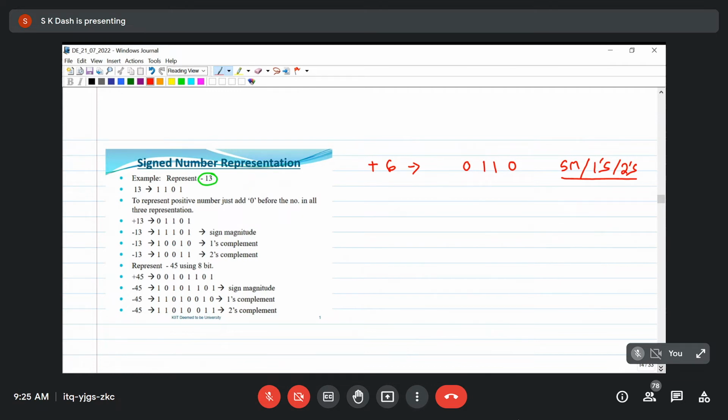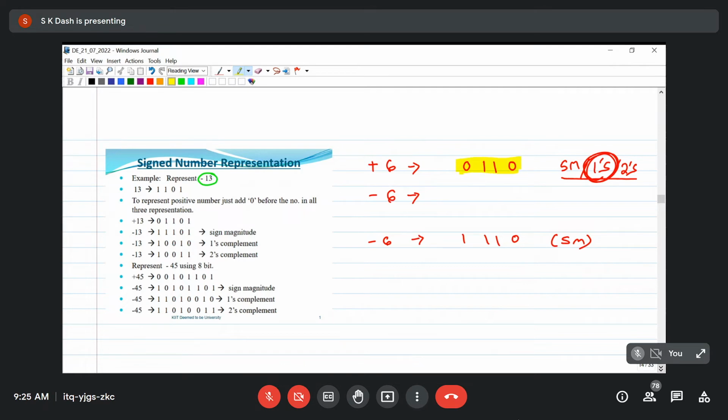So in sign magnitude, what did we get? We got minus 6 to be 1110. Similarly, in one's complement, what will happen? To get minus 6, you need to take the one's complement of plus 6, this number.